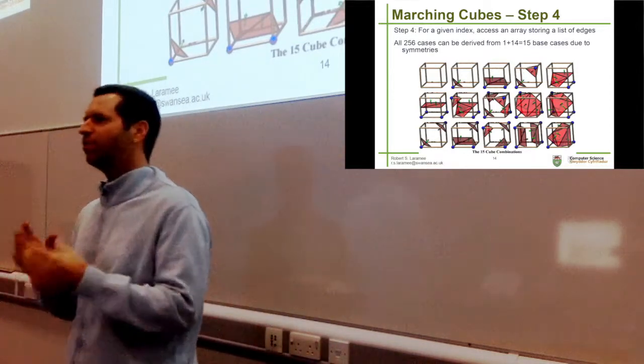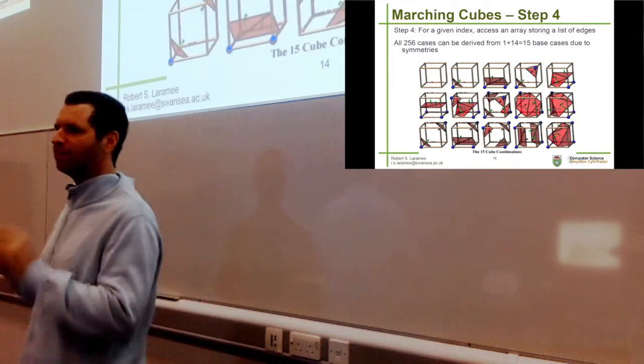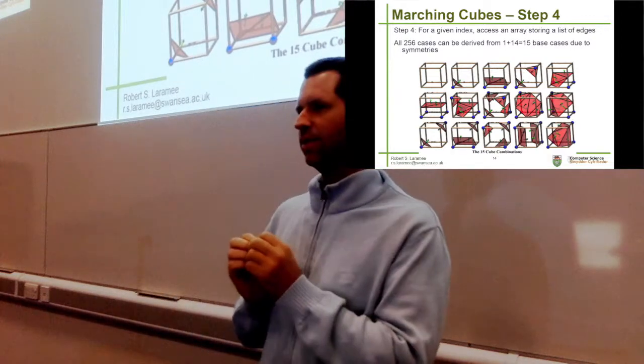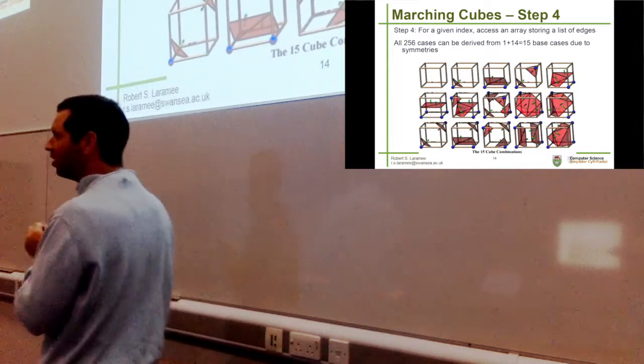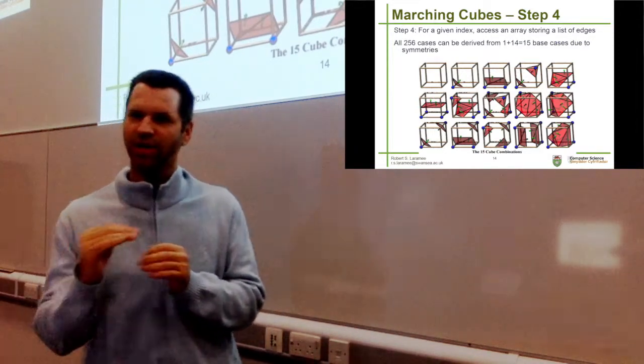So the lookup table does a lot of the work. It's pre-computed. It's this pre-computed mapping between index and triangle edges lists. And there are only 15 unique ways that the surface can intersect a cube.